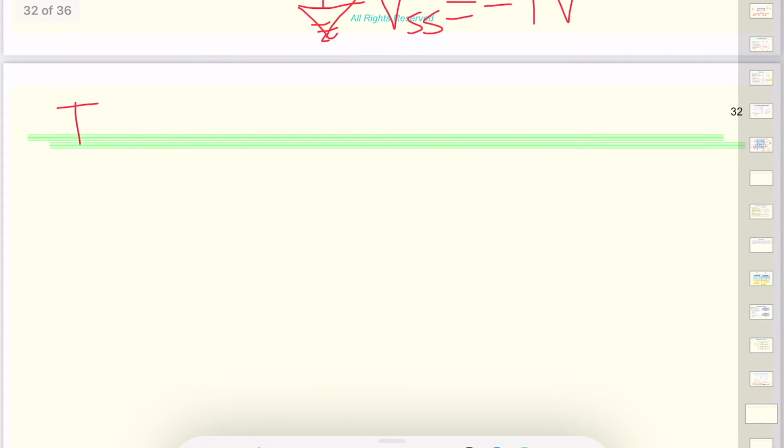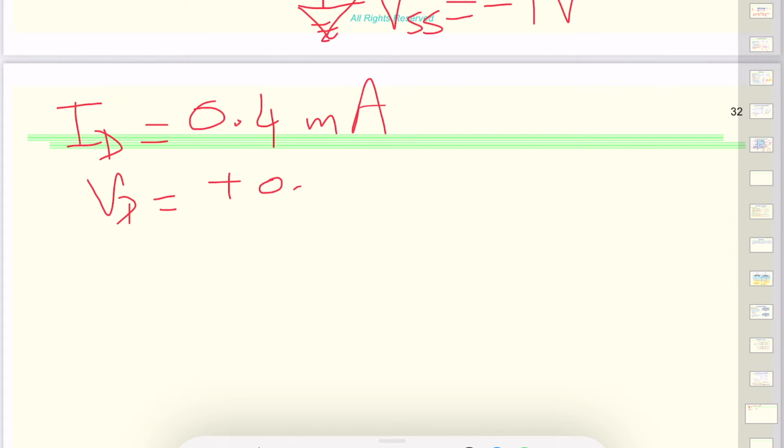In this case, a few things are given. We are given the drain current 0.4 milliamp. We are given drain voltage 0.5 volt. Threshold voltage is given as 0.7 volt.